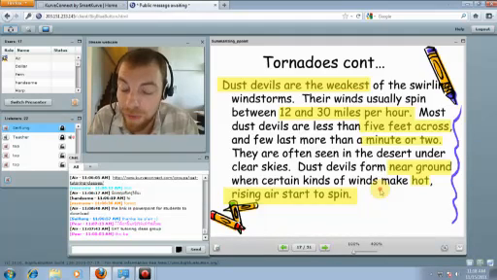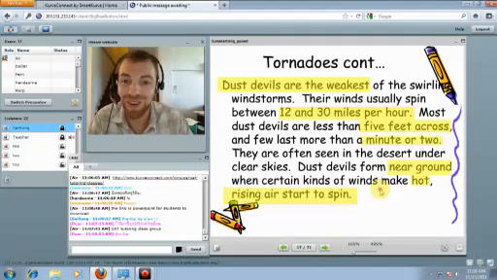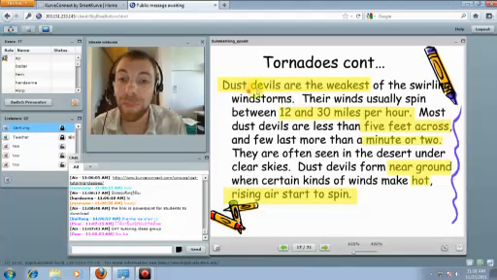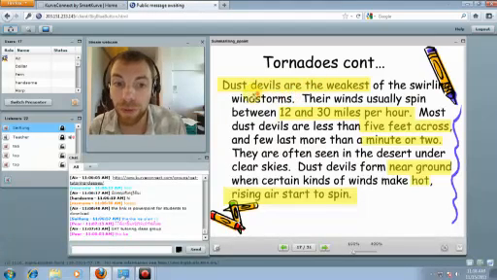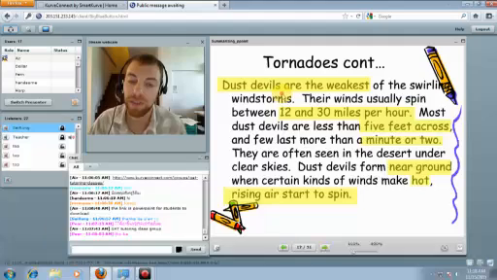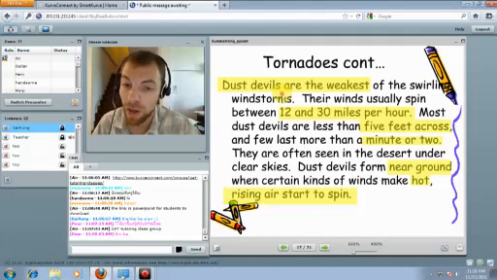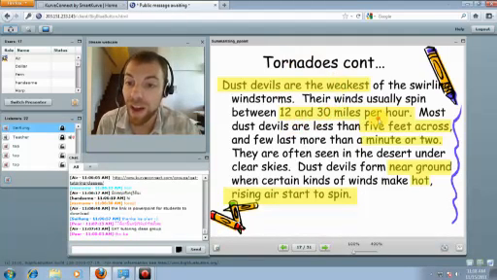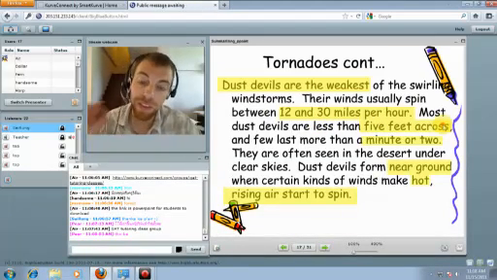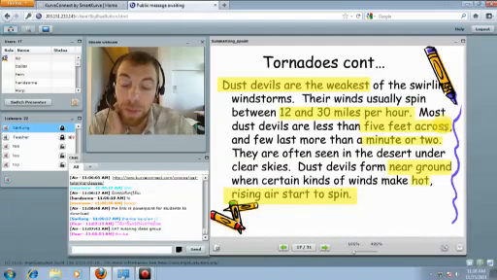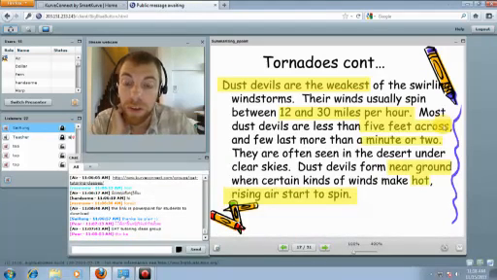Alright? Everyone reading? Good. So this is a paragraph about dust devils. A dust devil is another kind of storm, similar to a tornado, but here we learn how they are different. So, let's think. What can the main idea of this be?